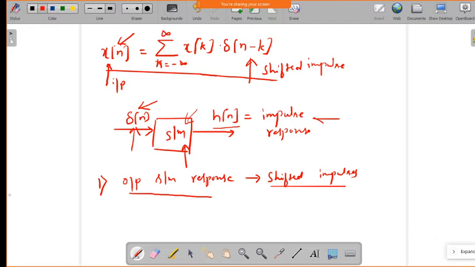Okay, so the second method we'll discuss is using a linear constant coefficient differential or difference equation.